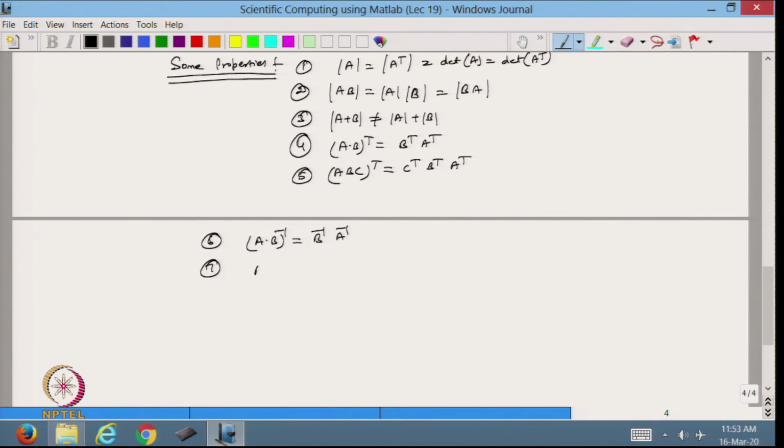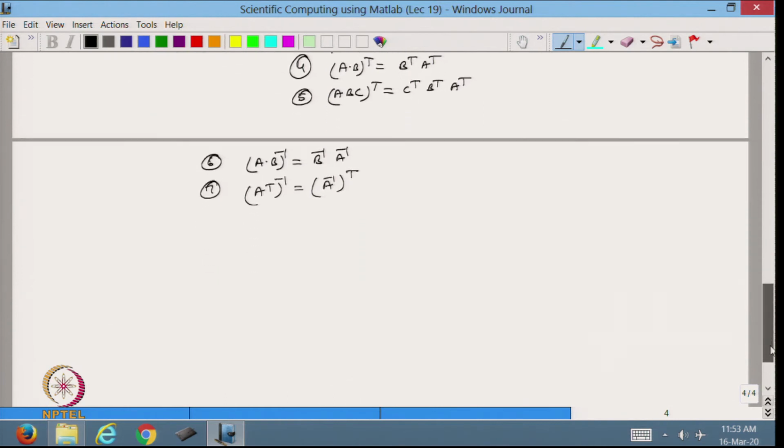Seventh, A transpose inverse is the same as A inverse and then taking the transpose. So, this is a few properties we want to define for matrices.